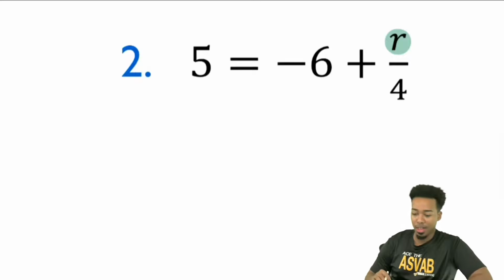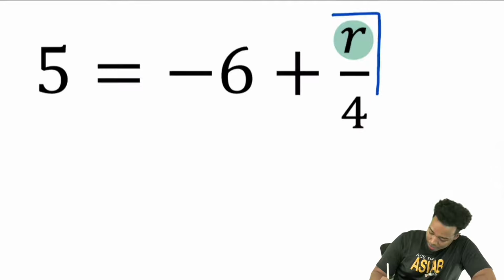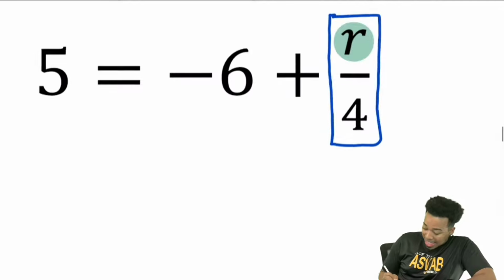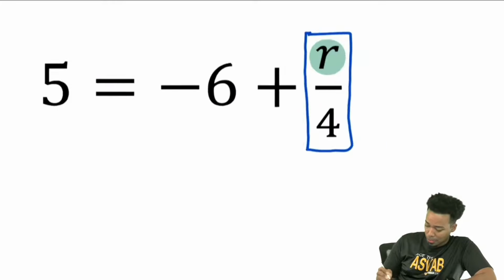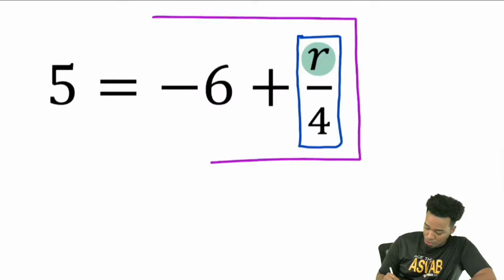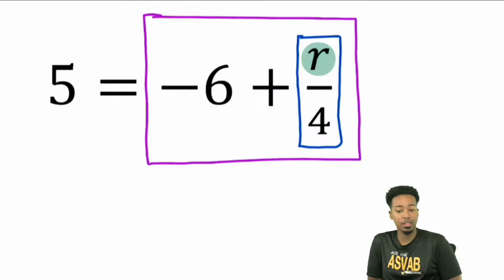Then we take care of that -6. Right here, we have the r. It's being divided by 4. And then we would do business with that -6. Everybody, yes or no? Do you agree? That's what's happening there. It's a clean box.